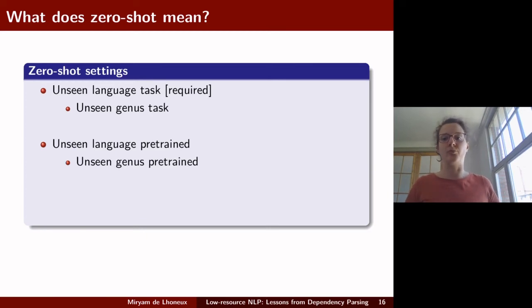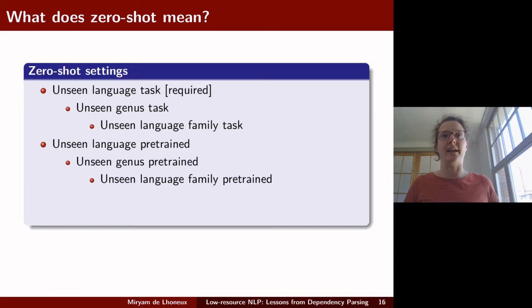And same for pre-training. It's different if you have not seen any data for the genus, and same again for language family. You might have seen the language family task data or pre-trained data, and if you have not, then this gets trickier. And another important category is if you've seen the script in the task, so here treebank data, or at pre-training time.